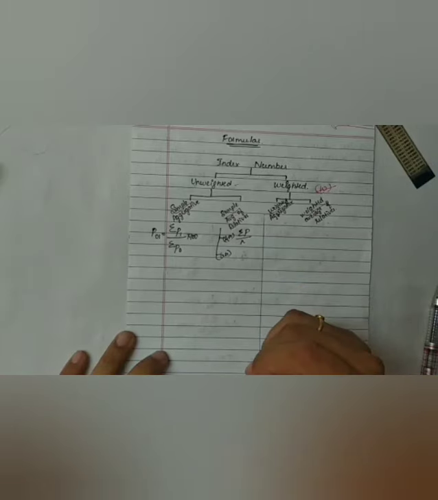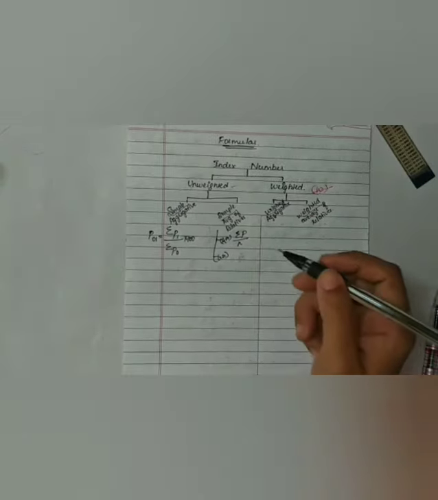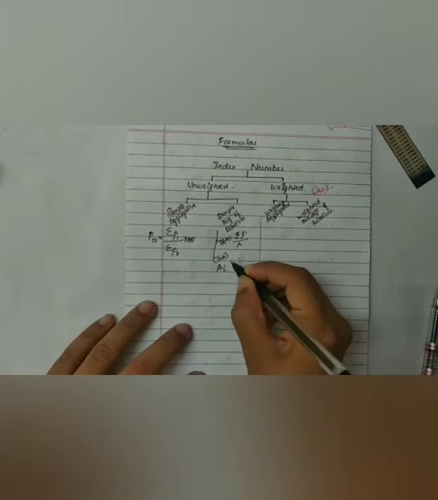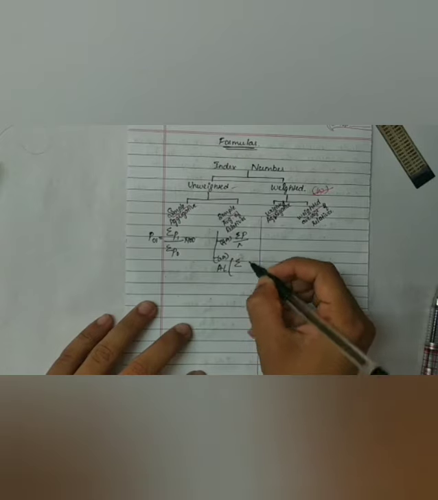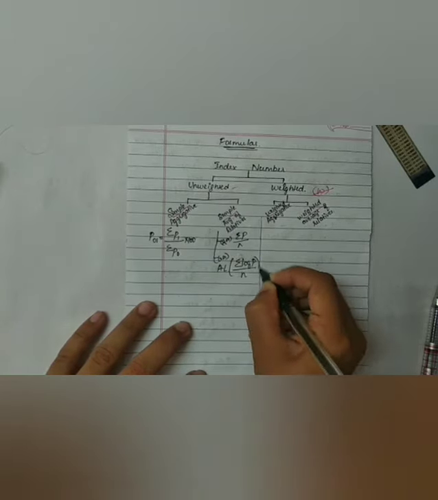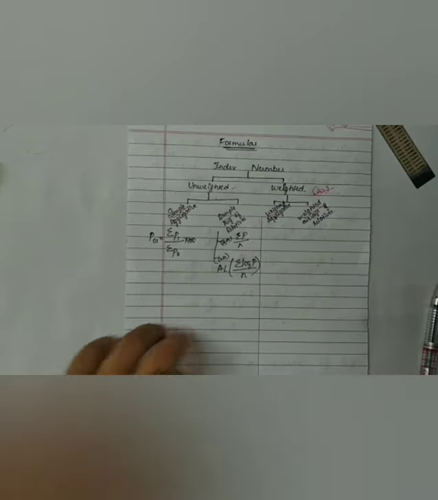So next, when it comes to geometric mean, antilog and log table will come, isn't it? So here antilog of summation log P divided by n. Okay, so that's it about unweighted index number.